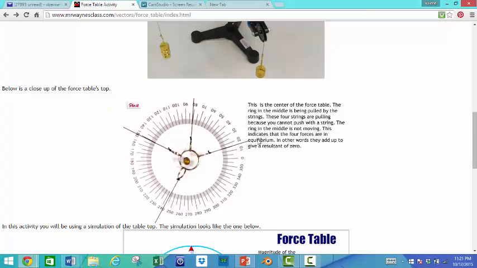Now, each of these strings has a force pulling on it from the weight of each of the masses. This particular force is at a certain angle, about 15 degrees for that one. And if we progress further, this one is perhaps at 80 degrees. So some force at an orientation.